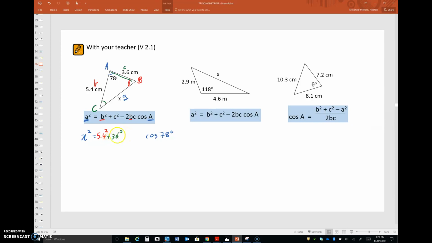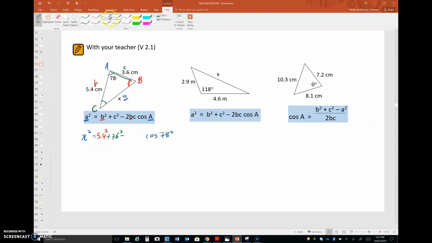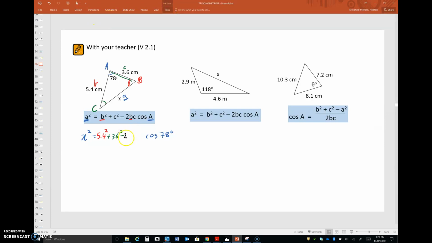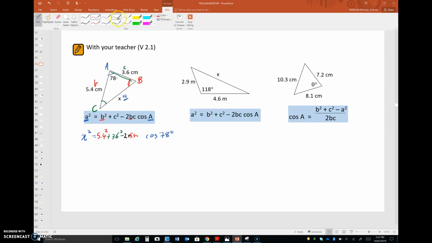So we put a 3.6 in there, but of course those squares are part of the equation, so they're both squared. Then minus 2 times b, which was 5.4, and times c, which is 3.6.